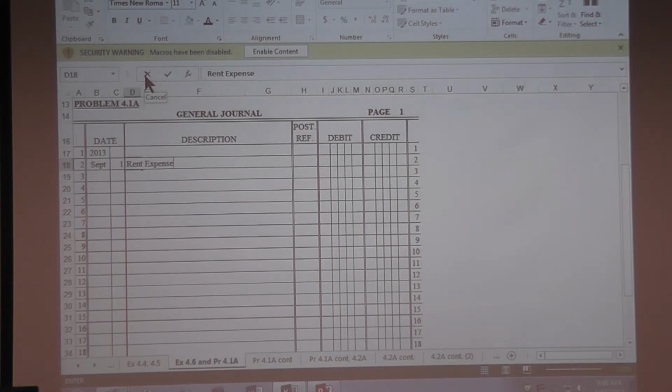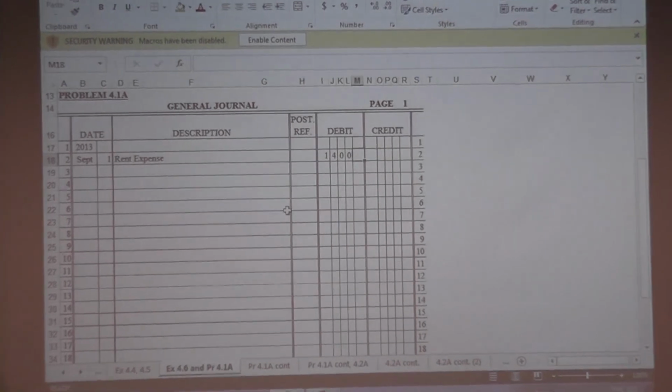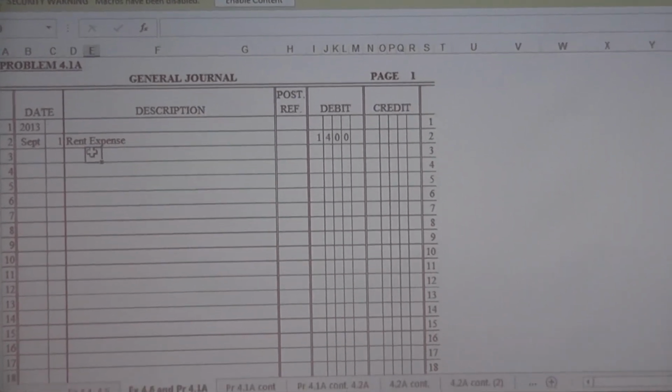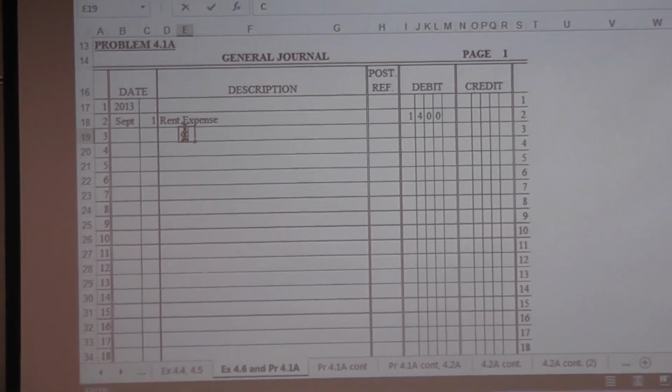It's a debit column. It goes in the debit column. So for every debit, we have a matching credit. And our credit, you already mentioned, was cash.